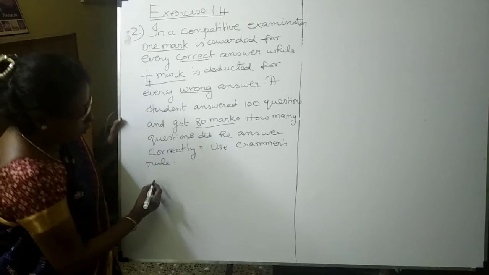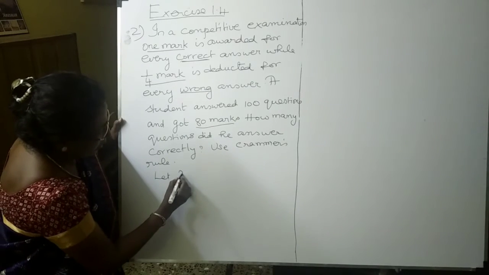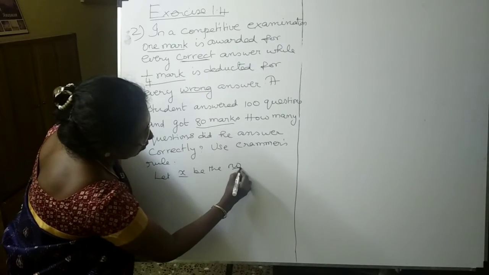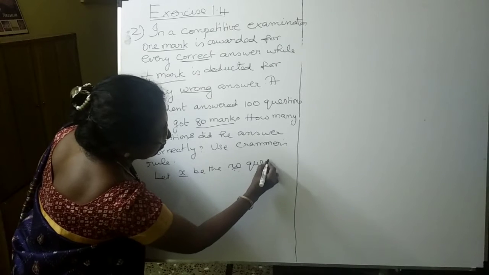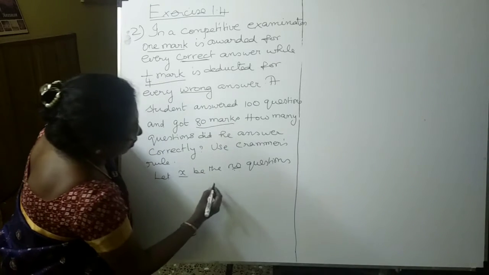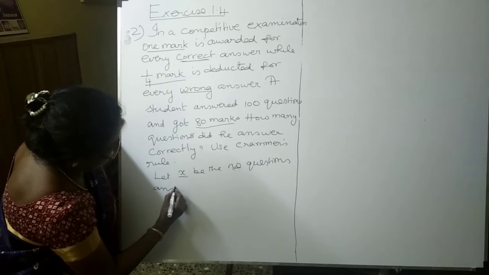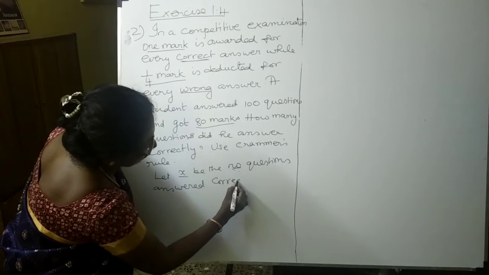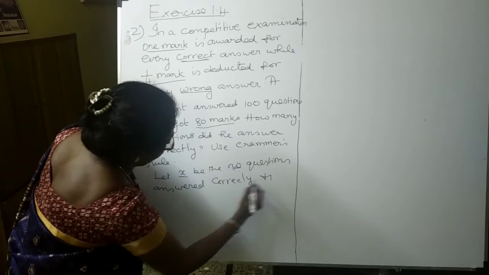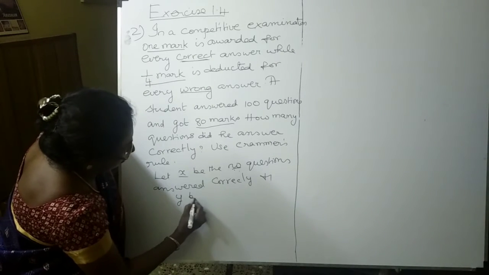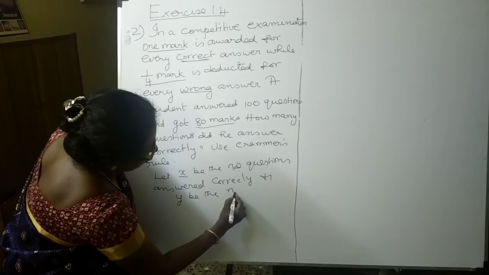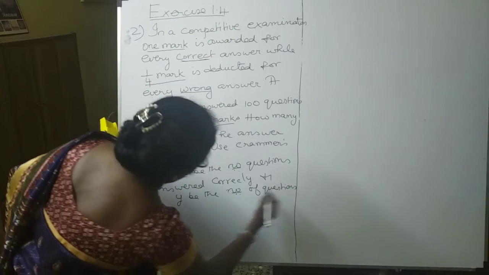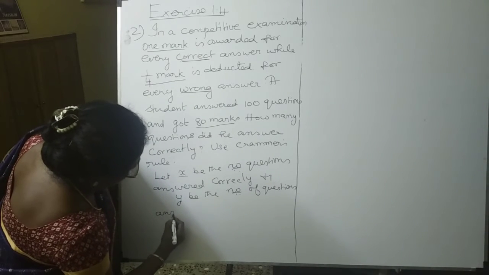So let us assume, let x be the number of questions answered correctly and y be the number of questions answered wrongly.